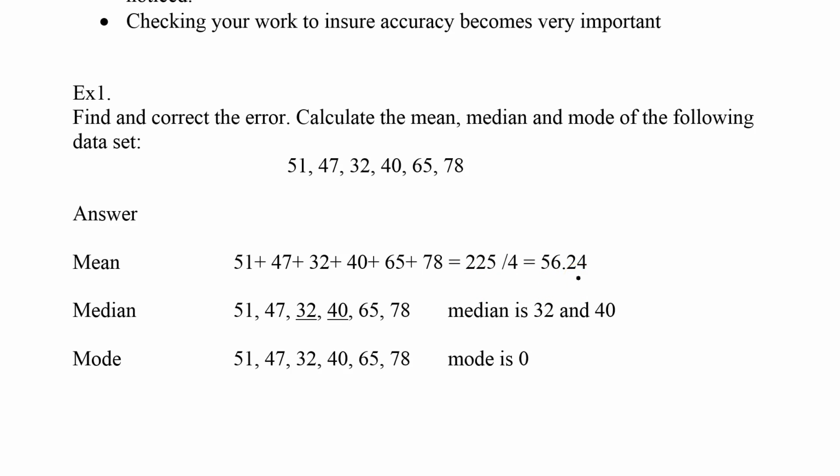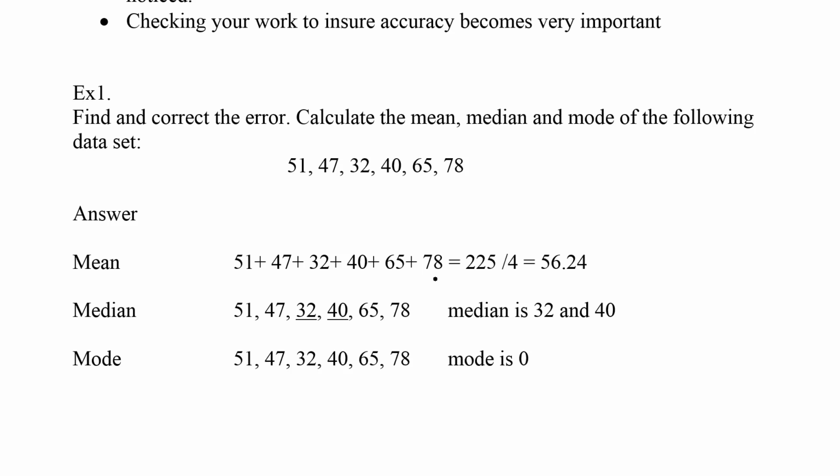So first thing we do is look at what possible errors we could have. Well, clearly the addition might be an error, the division by 4 might be an error, or our final answer might be the error. So let's pull out our calculator, and when we add these numbers up, we actually find that we have got 313.